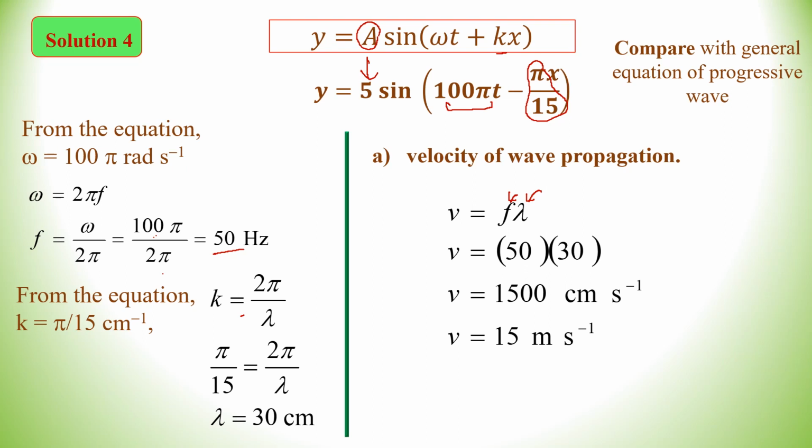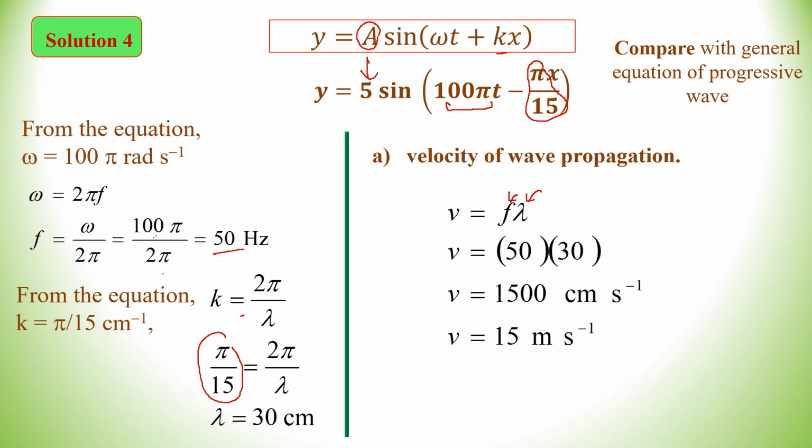And from the previous slide, x and y in centimeter. So k equals to 2 pi over lambda. Substitute, pi over 15 equals to 2 pi over lambda. So from here, lambda equals to 30 cm.